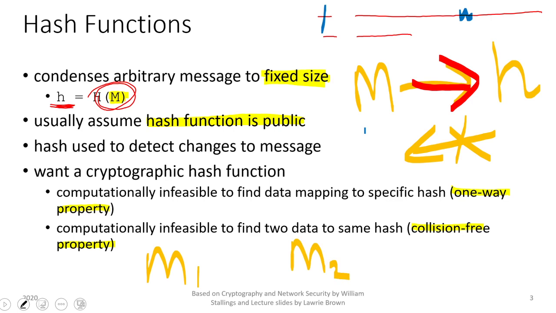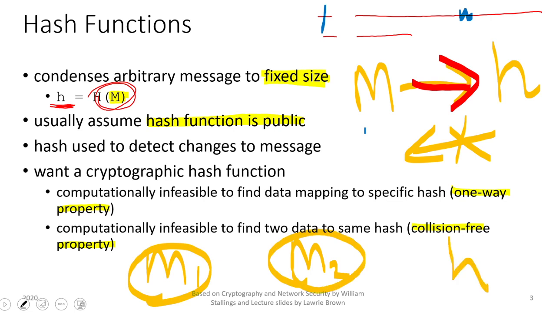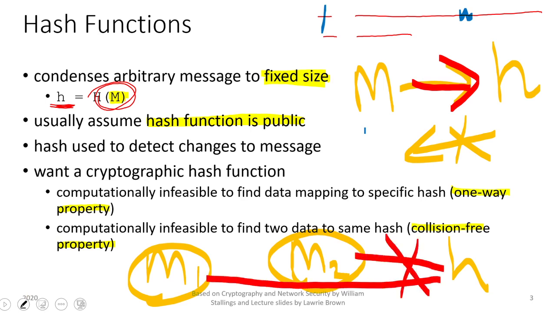And any two random different messages also should not produce the same hash, because again that would be problematic. So we want a collision-free mapping, where no two messages map to the same hash. That should not happen in cryptographic hash functions.